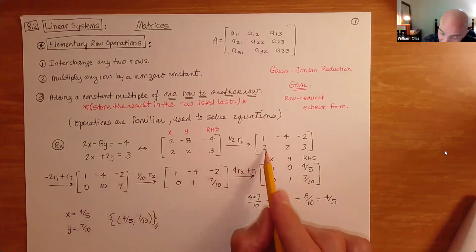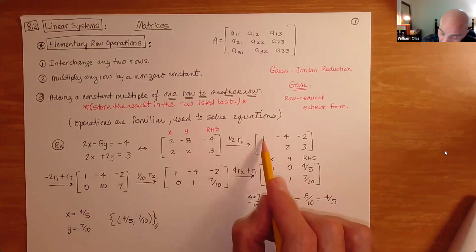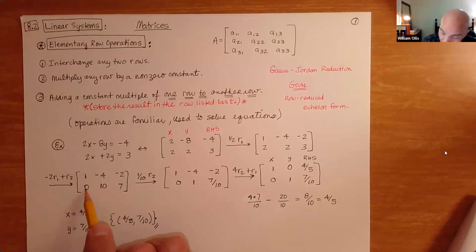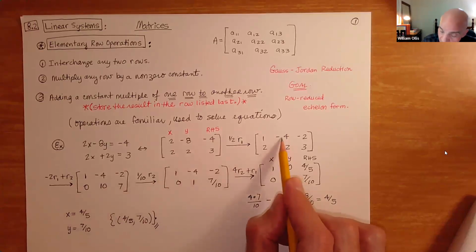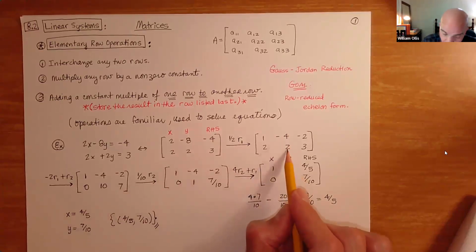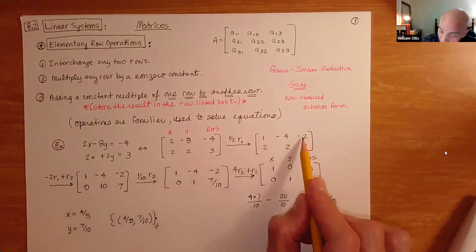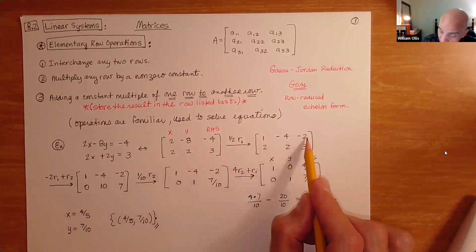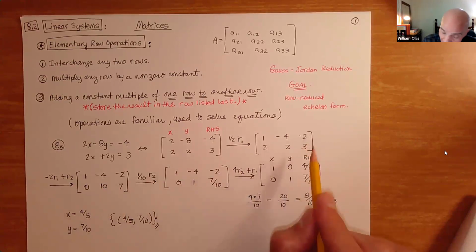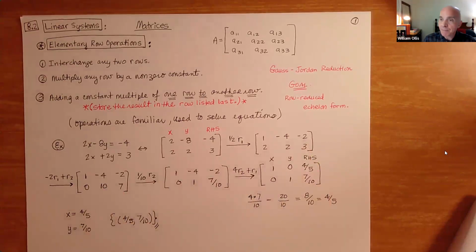So now, -2 here gives us a -2 plus a 2, which is 0. -2 here gives us a +8 plus 2, which is 10. -2 here, again, gives us a -2 times a -2, which is a 4. Add to 3, we get a 7.